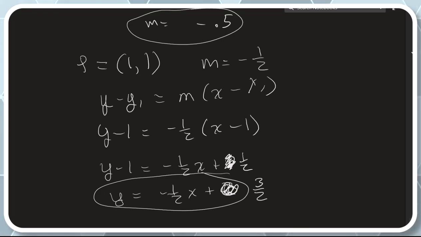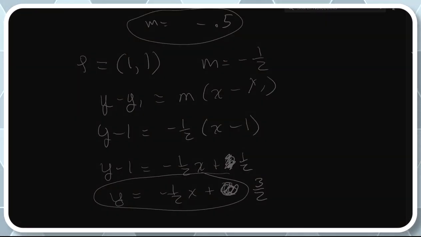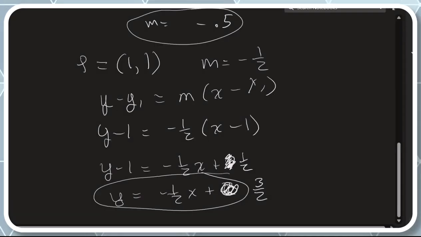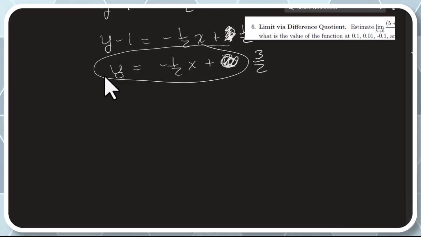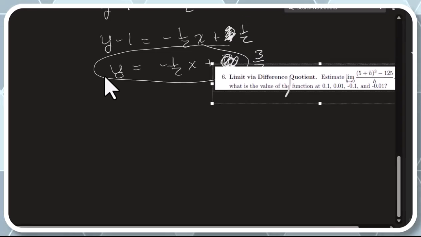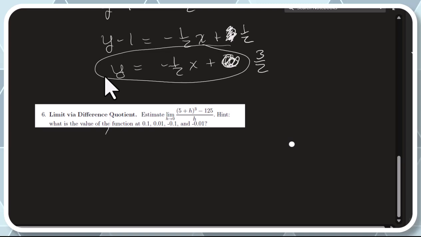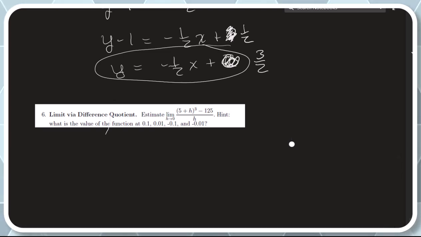Limit via difference quotient. We're supposed to evaluate the limit as h approaches 0 of (5 plus h) cubed minus 125 over h.